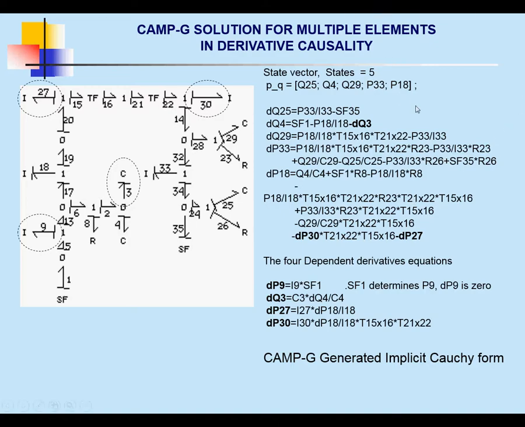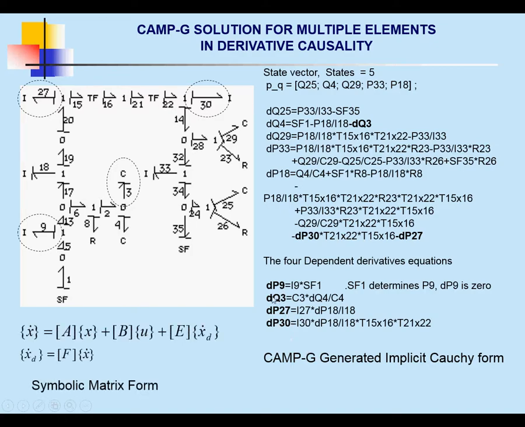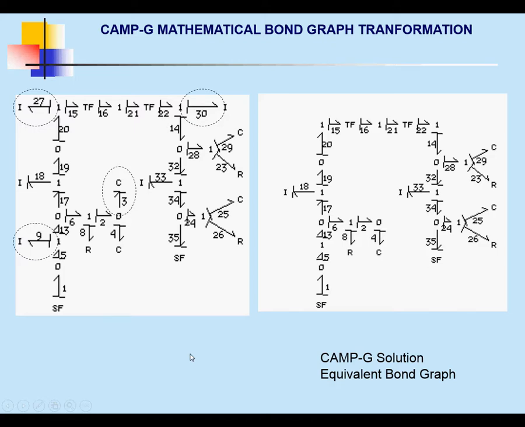And in here, CAMG will produce these equations, and then you see 1, 2, and 3 on the right-hand side. And then you have this. These are the 4 dependent equations in there. We will have to apply what we said we were going to apply, and then the computer will solve that.